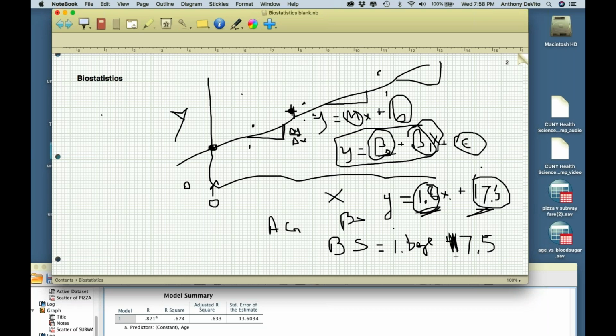This is our formula that predicts blood sugar based on age. So now I have a way to describe how blood sugar is related to a person's age, and maybe even use it predictively. That's why regression is so valuable.